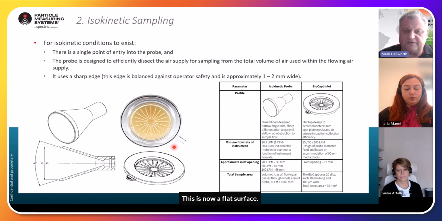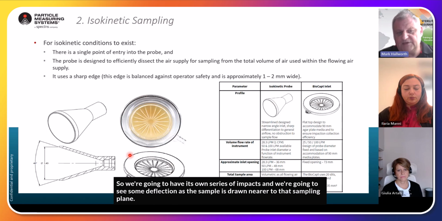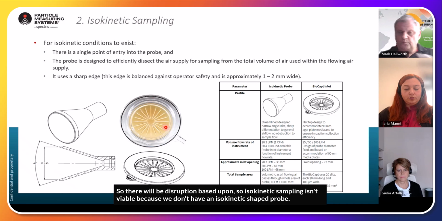This is now a flat surface. So we're going to have its own series of impaction. We're going to see some deflection as the sample is drawn nearer to that sampling plane. So there will be disruption, so isokinetic sampling isn't viable because we don't have an isokinetic shaped probe.